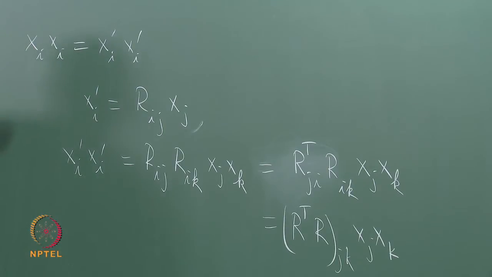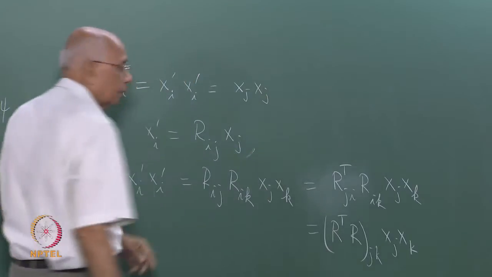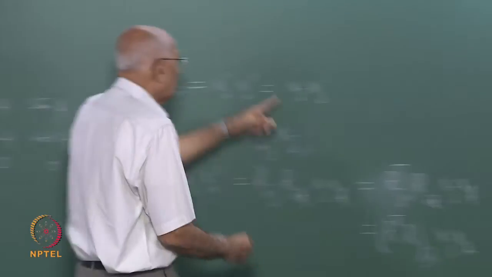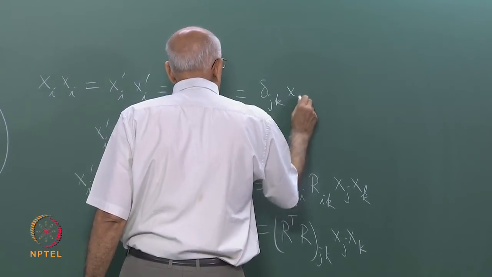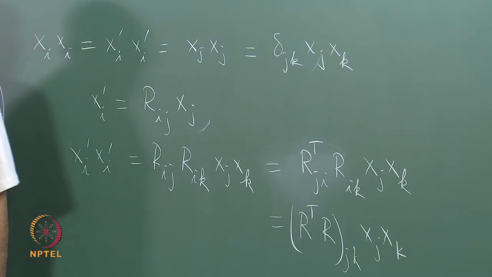On the other hand, this thing here should be equal to xj xj, because r prime squared should be equal to r squared, but I could also write this as delta jk xj xk, where delta jk is a Kronecker delta.